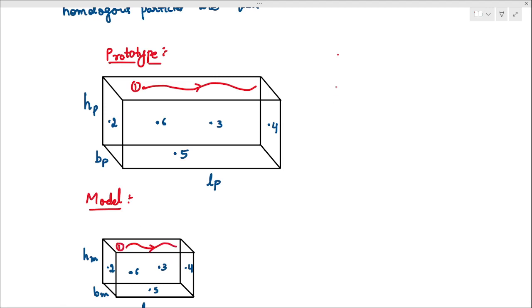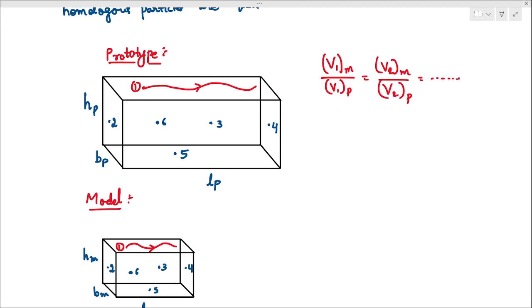And after that, the second one you see, velocity at point 1 in the model divided by velocity at point 1 in the prototype should equal velocity at point 2 in the model divided by velocity at point 2 in the prototype, and so on.